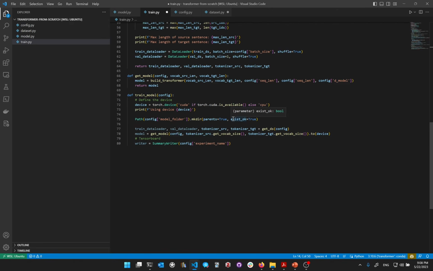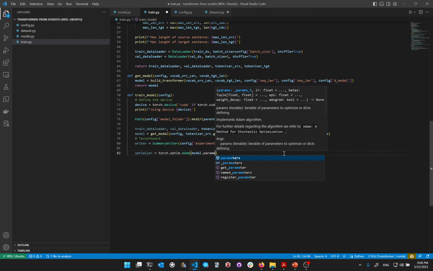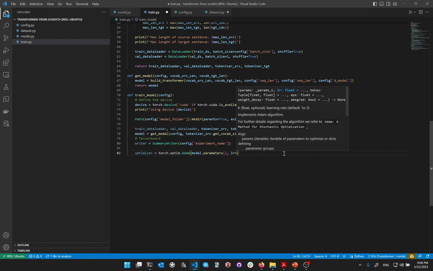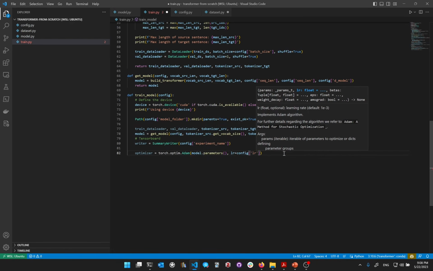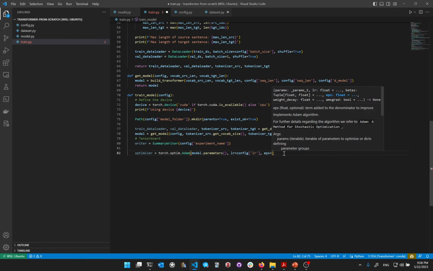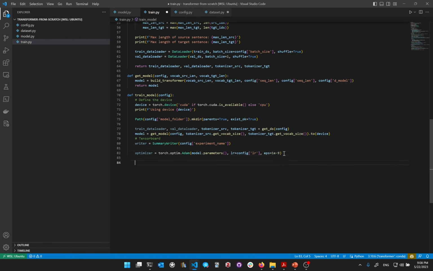Okay, let's go back. Let's also create the optimizer. I will be using the Adam optimizer. Since we also have the configuration that allows us to resume the training in case something crashes, let's implement that one, and that will allow us to restore the state of the model and the state of the optimizer.